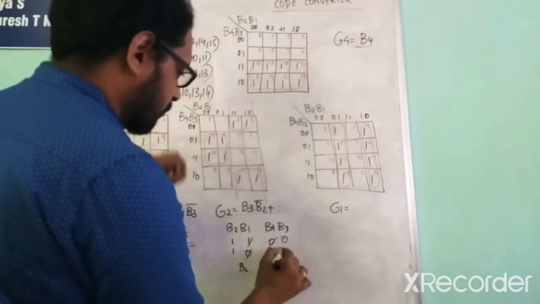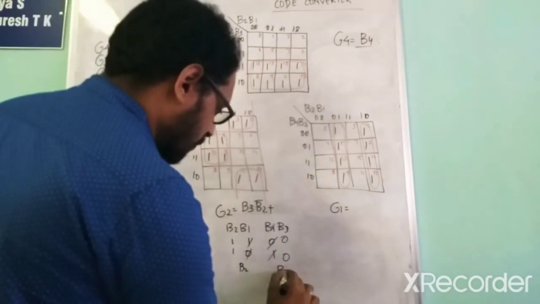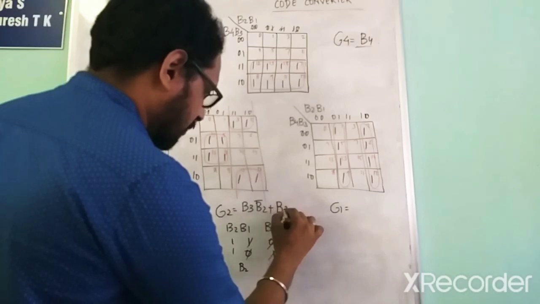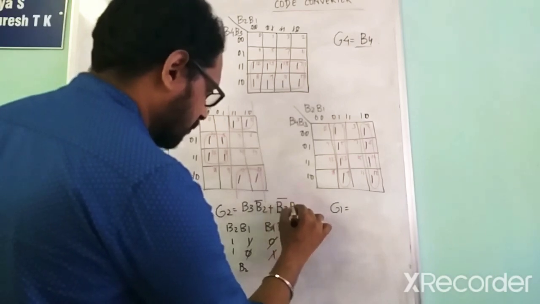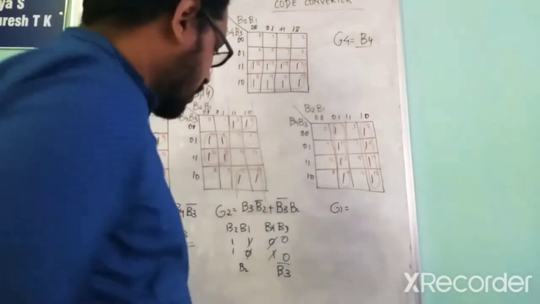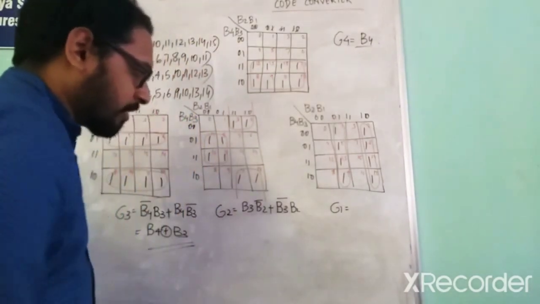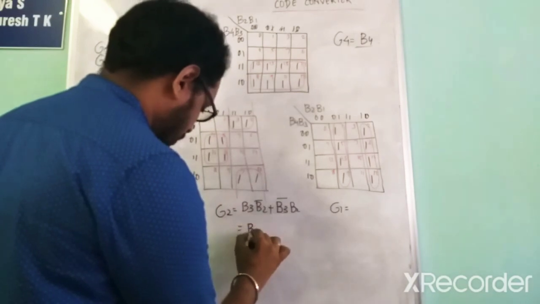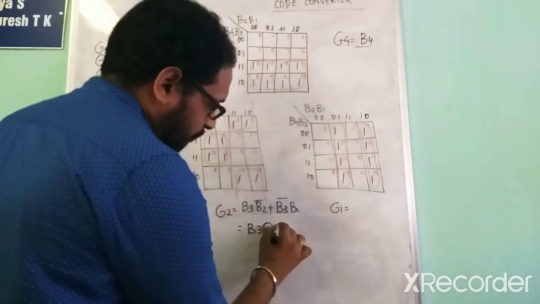This can be cancelled, so we have B3 bar into B2. This is AB bar plus A bar B, which is equal to B3 XOR B2.